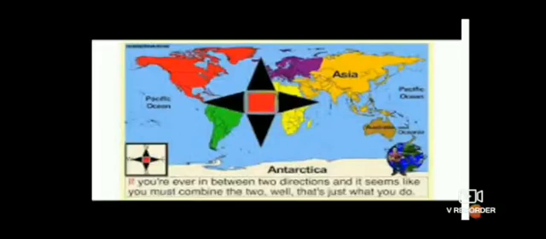On a map, you will see an arrow with the letter N printed above it. The arrow points in the north direction and is called the north line.